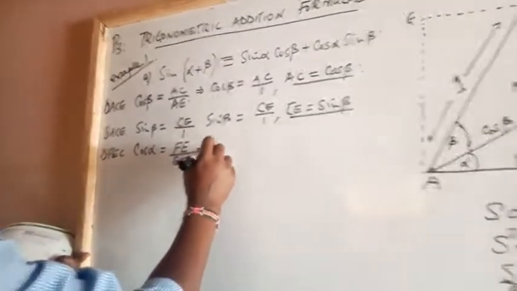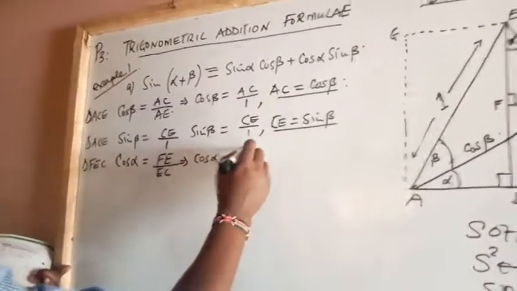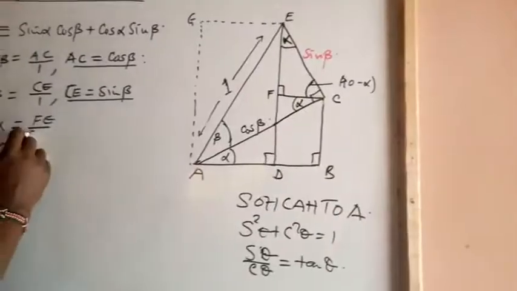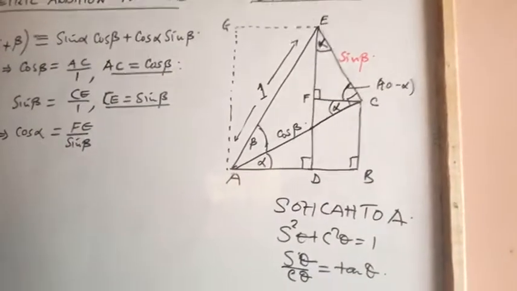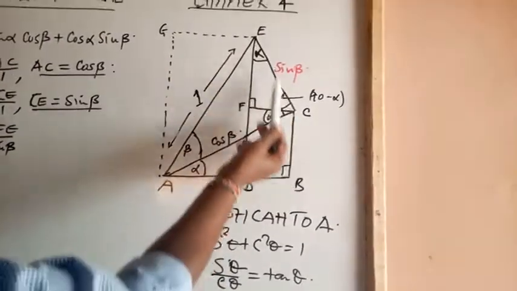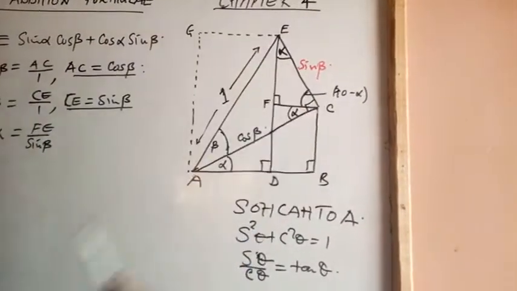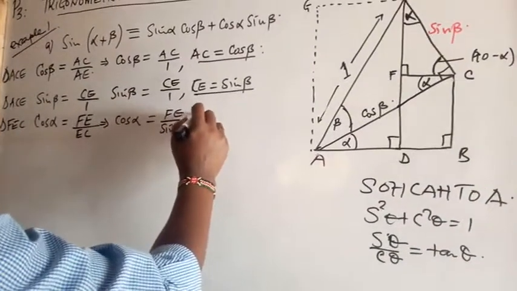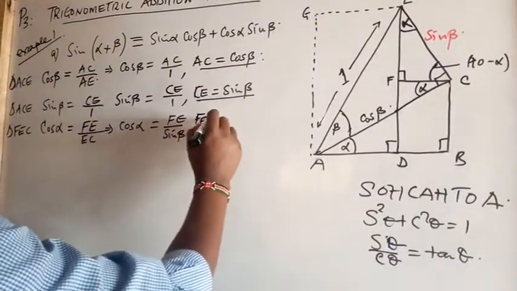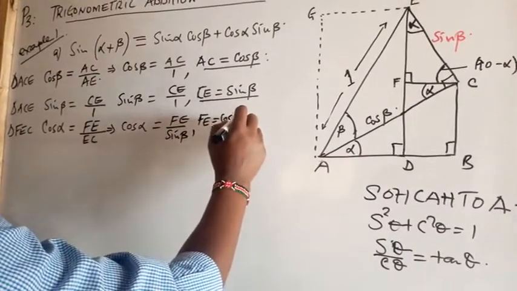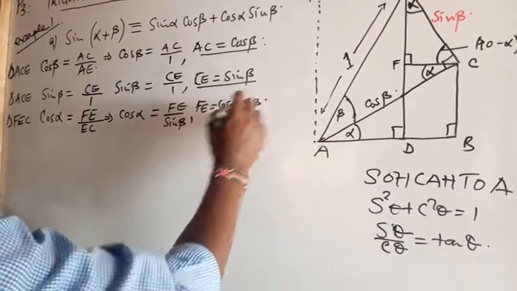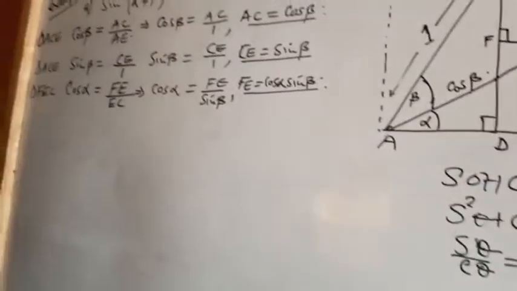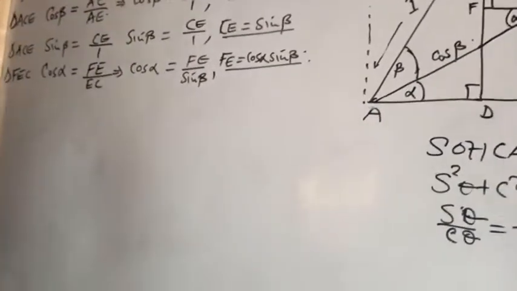This gives us the cosine of alpha is FE over EC, which is sine beta. You can see the hypotenuse of that triangle happens to be sine beta. If we make FE the subject of the formula, it's going to be cosine alpha sine beta. Underline that. FE is cosine alpha sine beta.